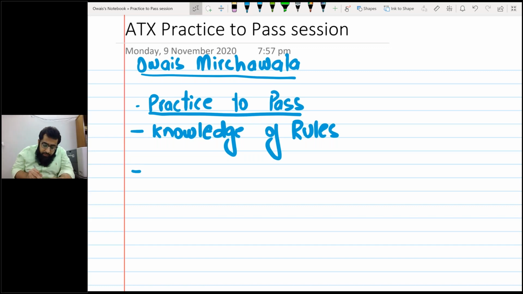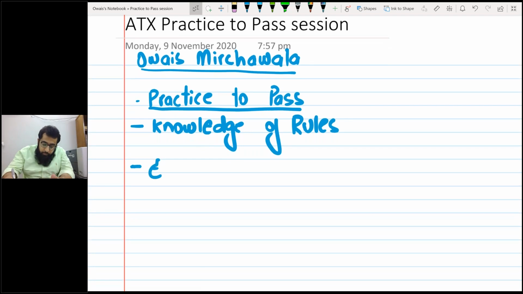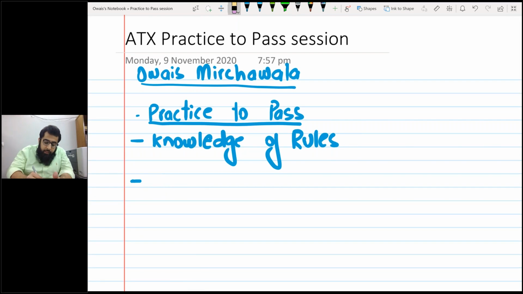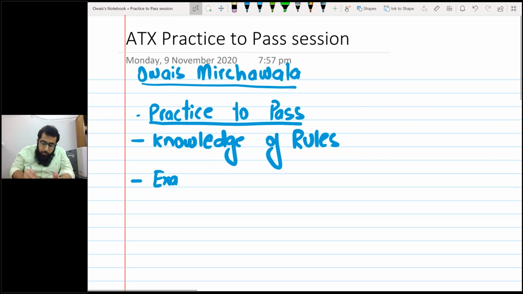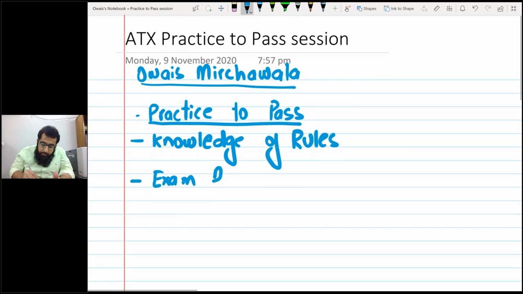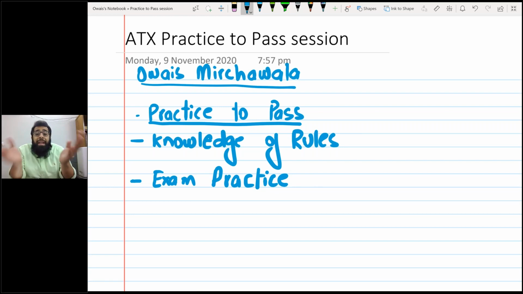The other part is exam practice. This is where the students create trouble in advanced tax. They lack in exam practice. The major reason for this lack of exam practice is that in advanced taxation, you cannot practice complete past papers from the ACCA website, because the past papers available on the ACCA website get outdated due to updation of the Finance Act.